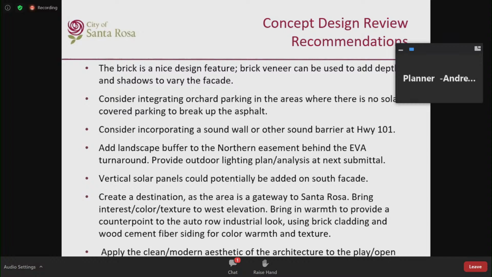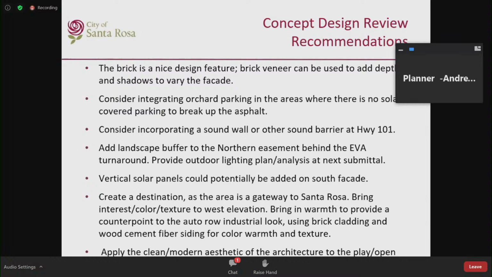They suggested integrating orchard parking into the areas to break up asphalt, incorporating a sound wall or other sound barrier at the rear of the project, adjacent to Highway 101, landscaping the buffer at the northern easement at the entrance to the project, and felt that additional vertical solar panels on the building would be recommended.